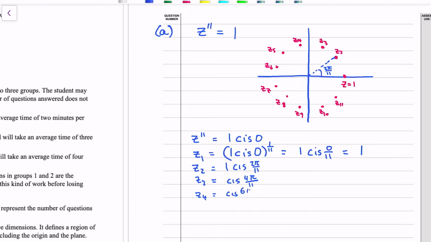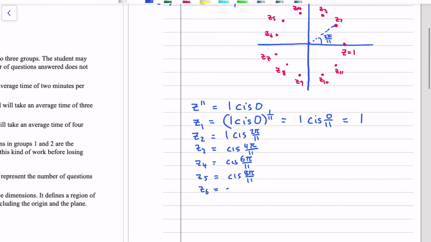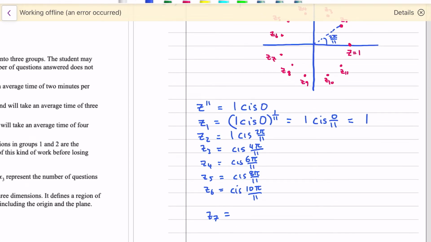Cis 6 pi over 11. Cis 8 pi over 11. 10 pi over 11. Now at this stage I could go 12 pi over 11, but instead of 12 pi over 11, which is the z to the 7 one down here, I go backwards with my angle and write minus 10 pi over 11.